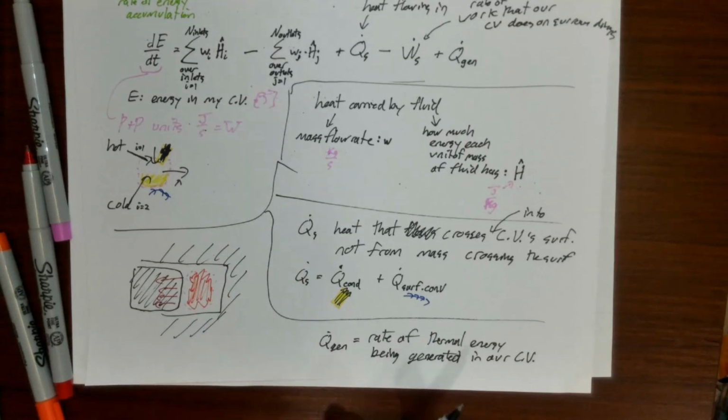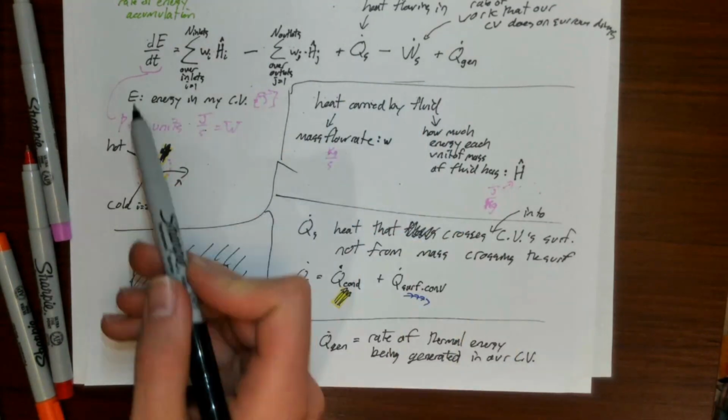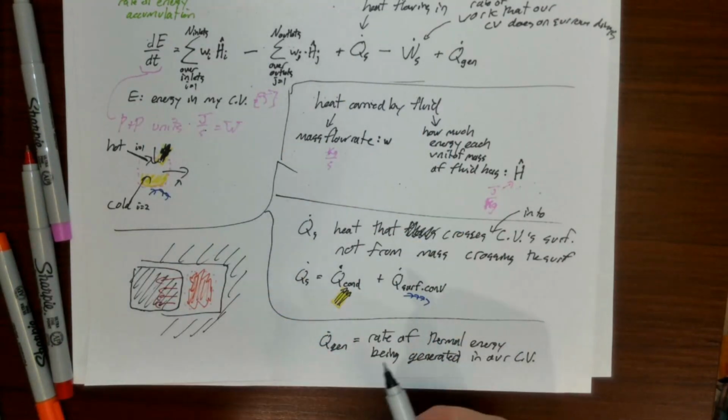And you might be thinking, hey, wait a second, Professor Landon, I thought energy couldn't be created or destroyed. And the answer is, yes, I guess this isn't really being generated per se, but it's some energy source that's not one of these that is being converted to thermal energy, right?